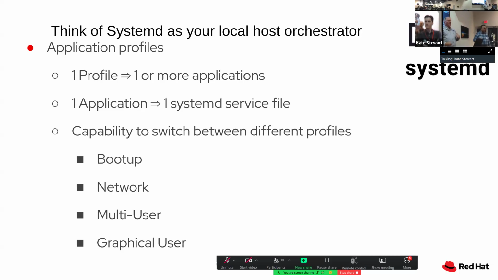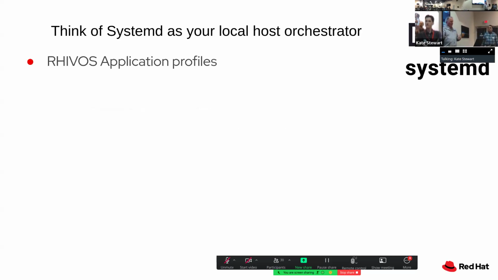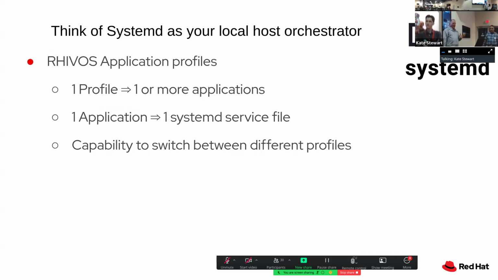So systemd is moving between different run levels. If you're looking at a vehicle, specifically a car, we want to do the same type of thing with RHIVOS, where we have one profile defining one or more applications. Think of it this way: when you get into the car and start the car, certain services start. Once you throw the car into reverse, the backup camera turns on, along with some of the sensors in the back of the car, and you move to a different run level.